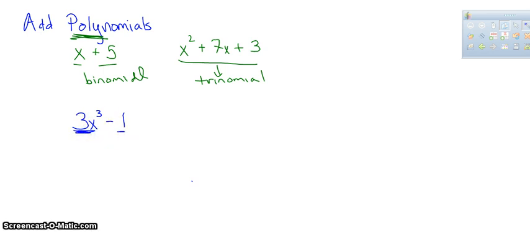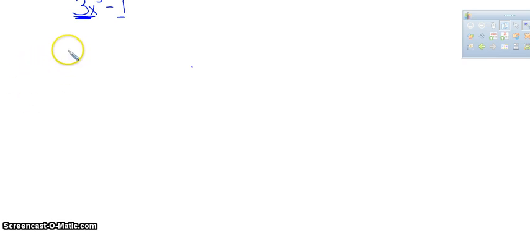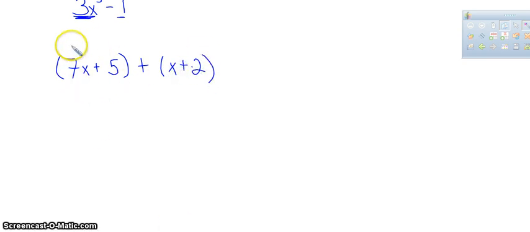And what we're going to do today is learn how to add them together. Let's say I have 7x plus 5 plus x plus 2. So I have two polynomials I'm going to add. What I have to do is add the ones that are the same.